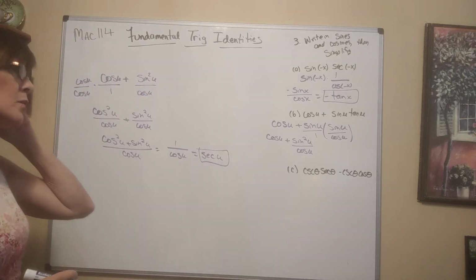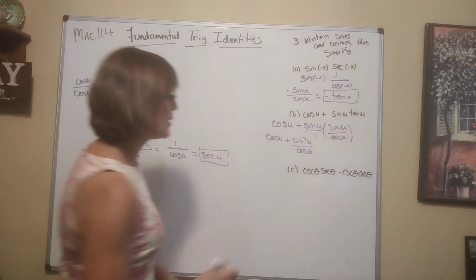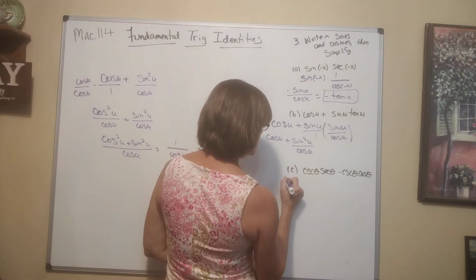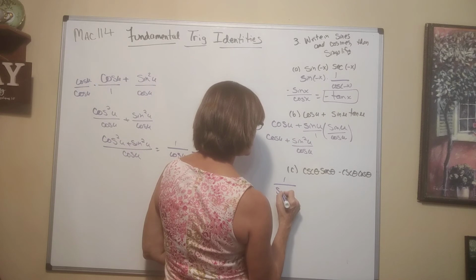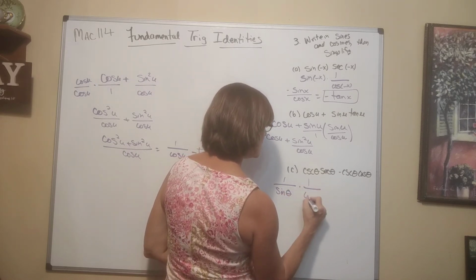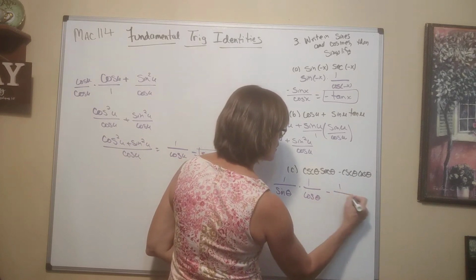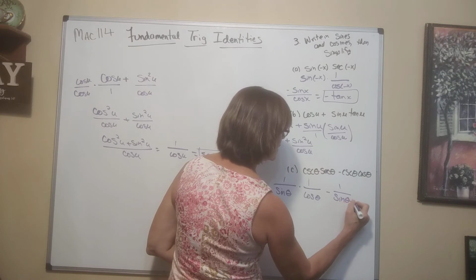All right, last one. Break everybody down into sines and cosines and see what happens. So here we go. Cosecant is 1 over the sine of theta. Secant is 1 over the cosine of theta, minus cosecant, 1 over the sine of theta.